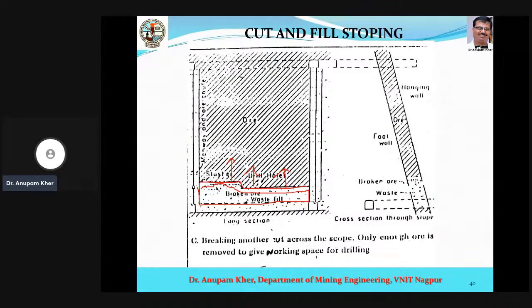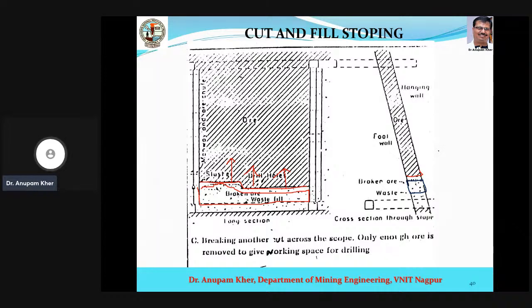As you can see, this is the boundary of the ore, and this is the fill material which is now put in place of the ore which is removed.